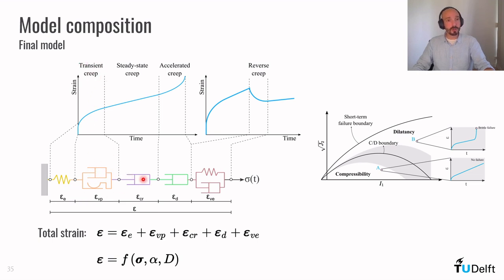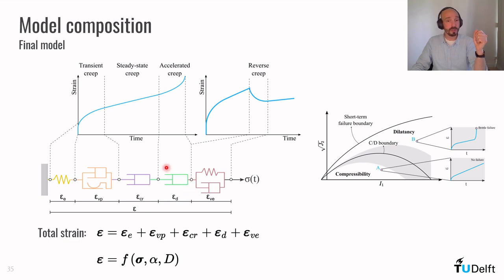We have a dashpot to capture steady state creep. And we can also have different dashpots to capture dislocation creep, pressure solution creep, and also dislocation glide. You can have many deformations during steady state creep. We have a special dashpot to capture accelerated creep.